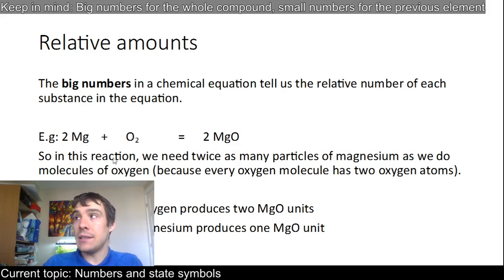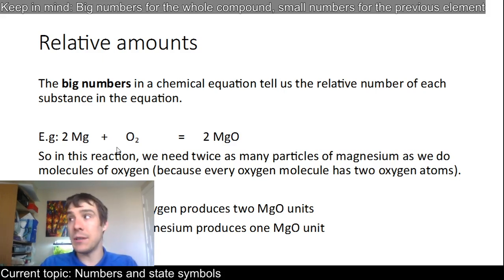So this tells us in this reaction we need twice as many particles of magnesium as we need molecules of oxygen, because 1 molecule of oxygen has 2 oxygen atoms in it. It's going to become very important in Unit 3, which is stoichiometry, to tell the difference between big numbers and small numbers, but it's going to be important for us here too.